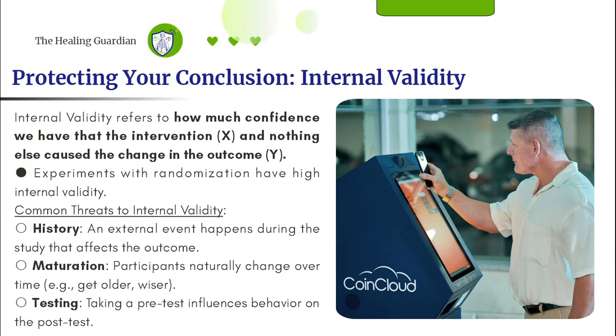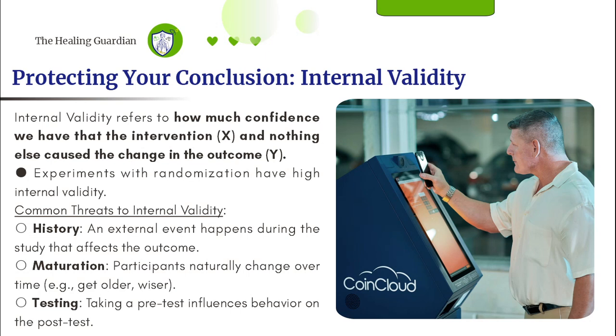In experimental designs, one of the issues that come up after your research is the internal validity of your research. And what we call internal validity is how much confidence we have that the intervention X you used, and nothing else, caused the change in the outcome. You were looking at the effect of a drug on blood pressure.